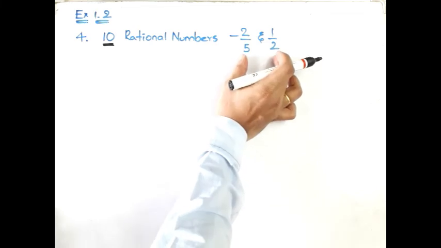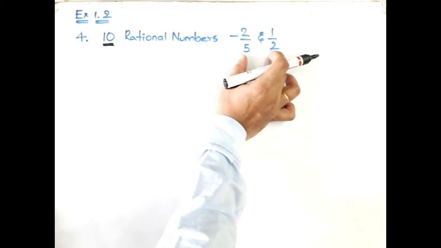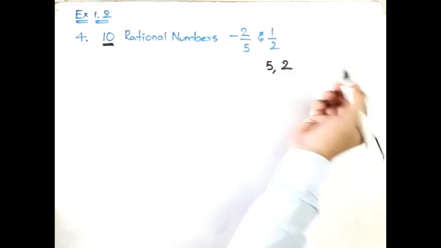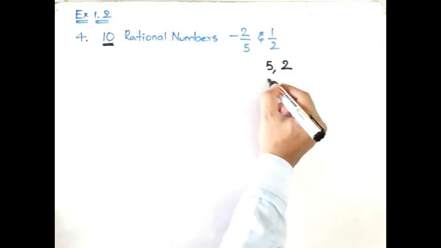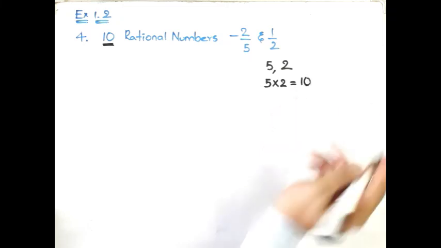As long as the denominators of the given rational numbers are different, it's not easy to find the rational numbers in between. For that, we first find the LCM of the denominators, 5 and 2. Being prime numbers, the LCM is 5 into 2, which is equal to 10.